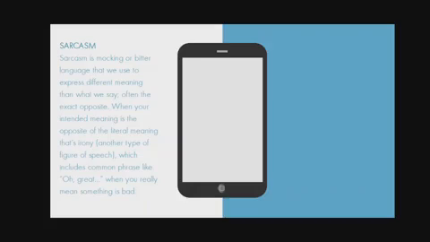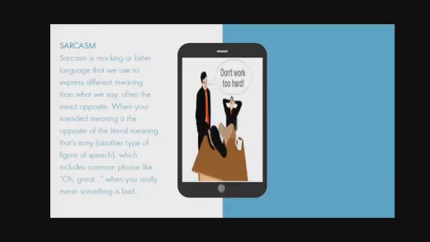Another type of figure of speech includes common phrases like "oh great" when you really mean something is bad. For instance, the picture shows one person saying "don't work too hard" to a person who is literally doing nothing, and that is a very good example of sarcasm.